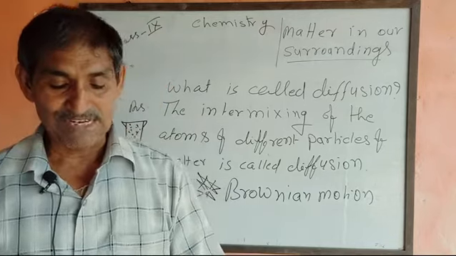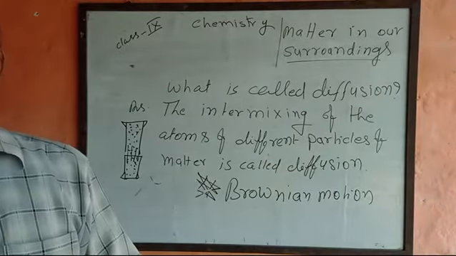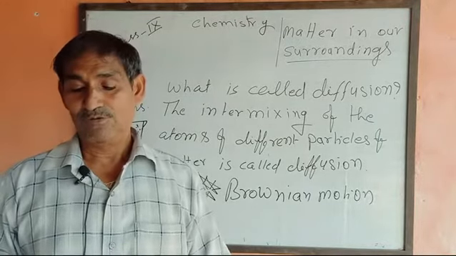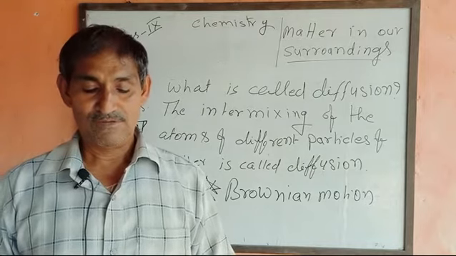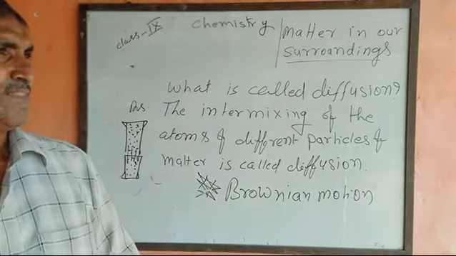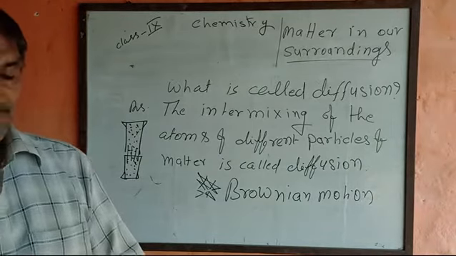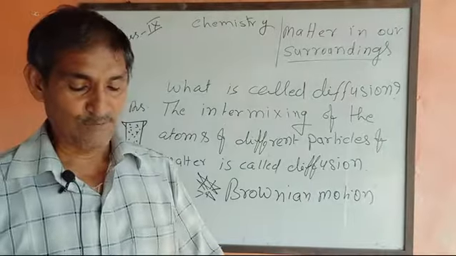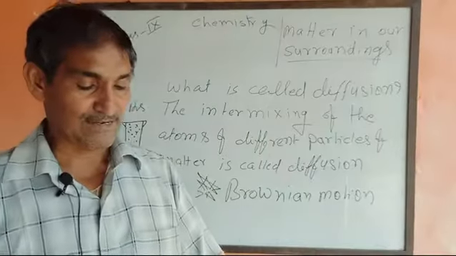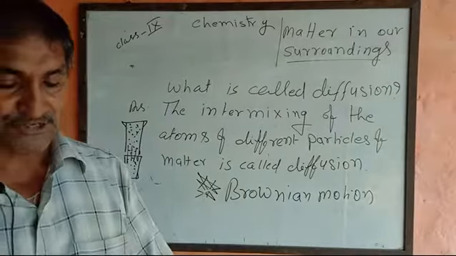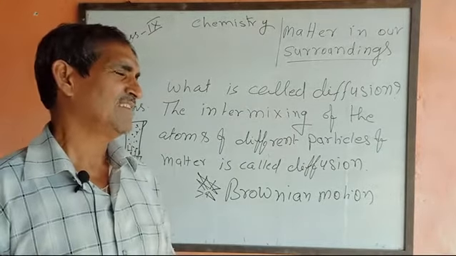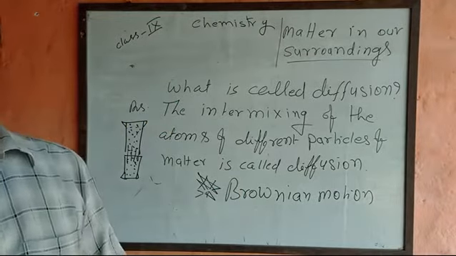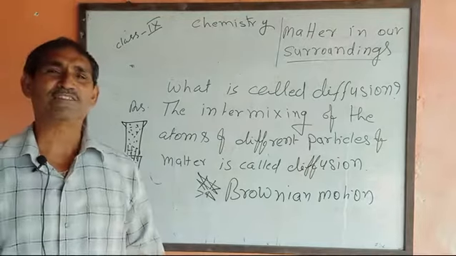Now, the third example we can take is pollen grains. Pollen grains also move in water with Brownian motion. The pollen grains move on the surface of water because they are constantly being hit. A question is here: why do the pollen grains move on the water surface?